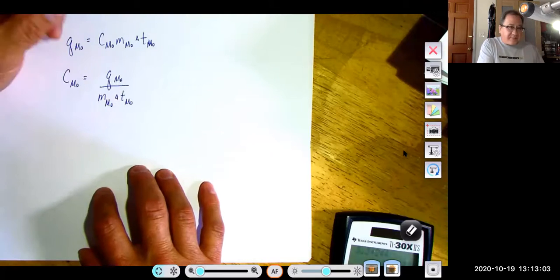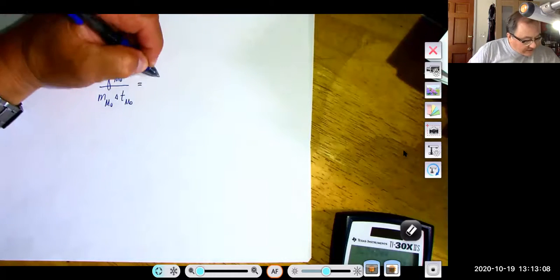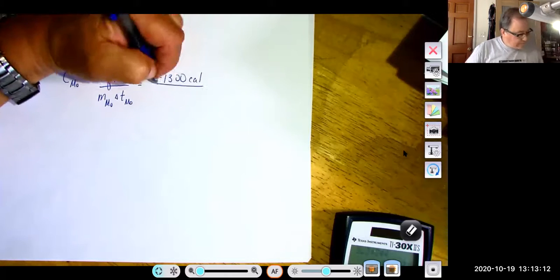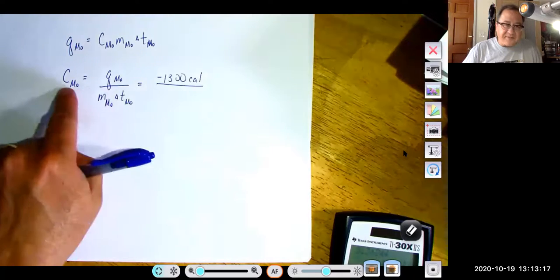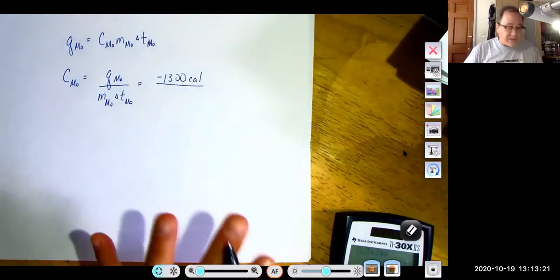And I think something that has got us a little nervous is that the Q is negative 1,300 calories. So that makes me weirded out because I don't think specific heat capacity is negative. It should be a positive value. But let's see how it works out.